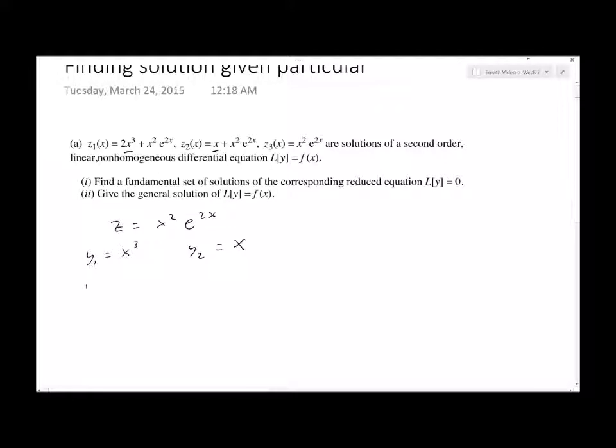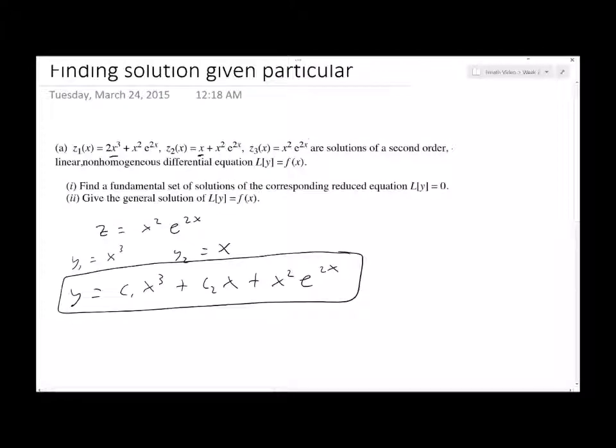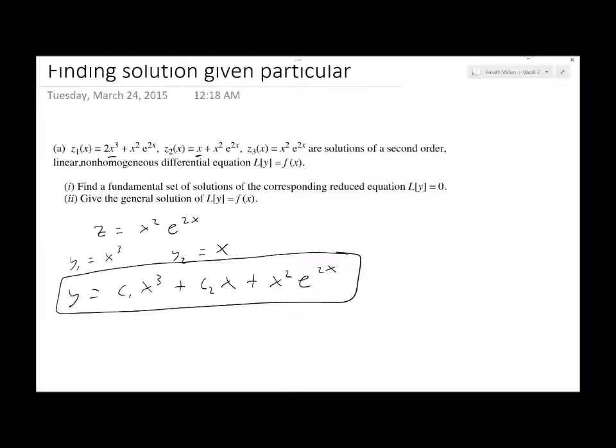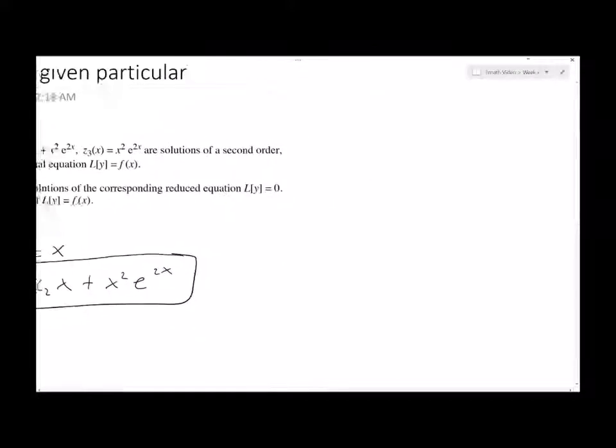Now the general solution is going to be c1 x cubed plus c2 x plus our z term, which is x squared e to the 2x. It's not bad at all, it's just something you need to see before you go in there.